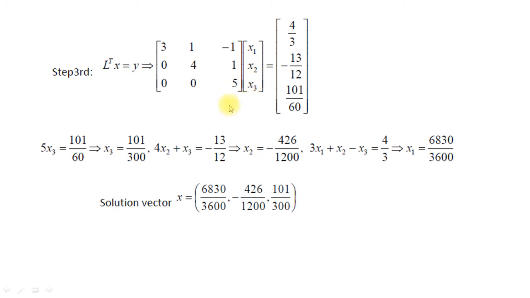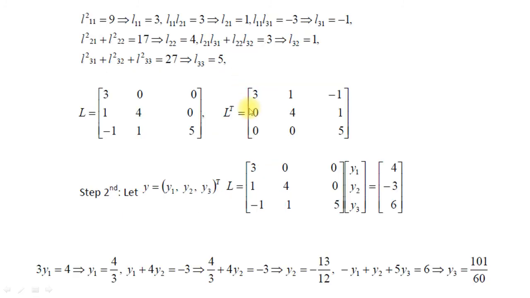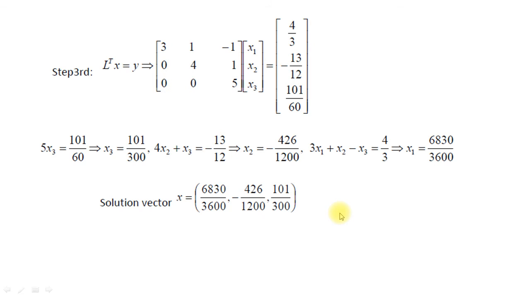In the second step, use forward substitution to find the column matrix Y, and in the third step, use backward substitution. Dear students, note that in the second step, use forward substitution for the column matrix Y, and in the third step, use backward substitution for the unknown matrix X. So by backward substitution, we obtain 5x3 is equal to 101 divided by 60.